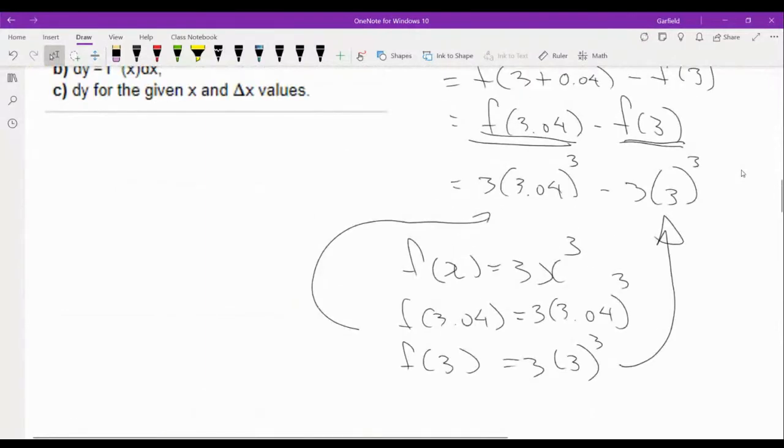Did anyone get an answer for any of these? What was the answer for 3.04 when we plug it in? 84.28.